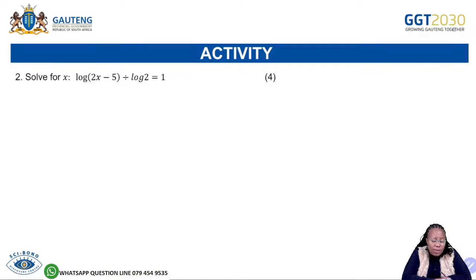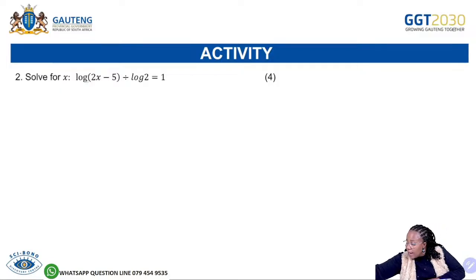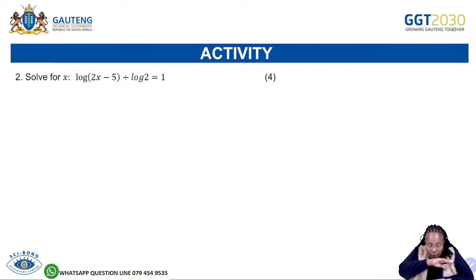And then now we look at the log equations. With the log equation, when you have the log of 2x minus 5 divided by log 2 is equal to 1.